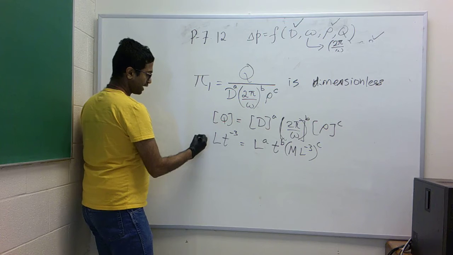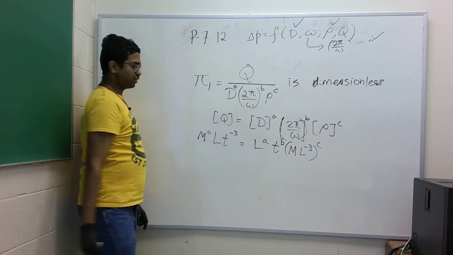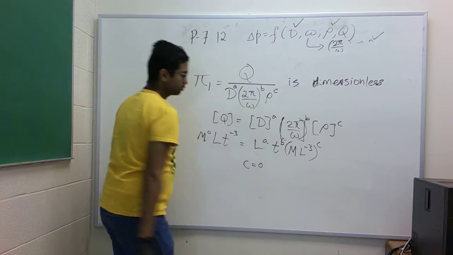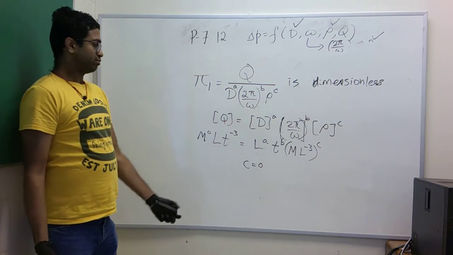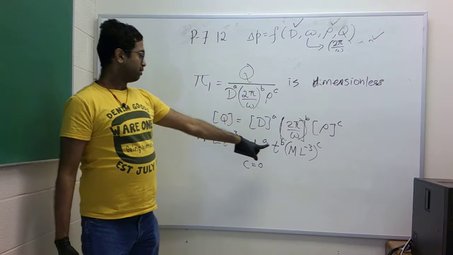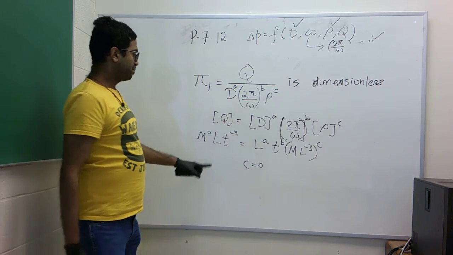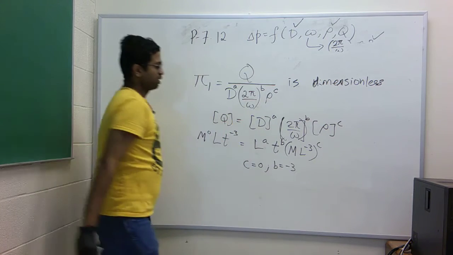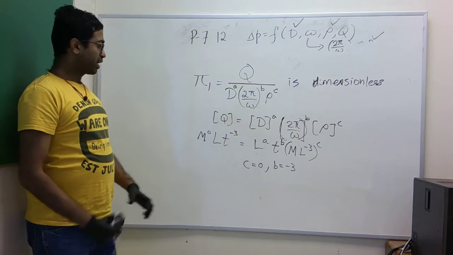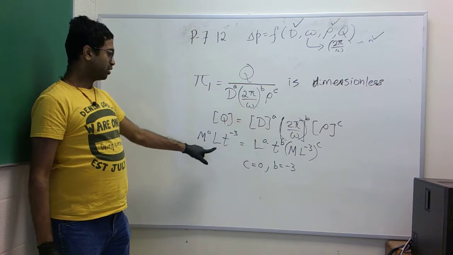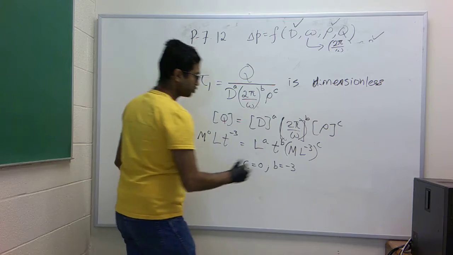So on the left side I don't have a mass, so I'll write M power 0. So right away what I can say is C is 0. C has to be 0 because there is no mass dependence on the left side. B, if I just compare, B is minus 1. That leaves behind A. A minus 3C is 3. Since C is 0, A should be 3.